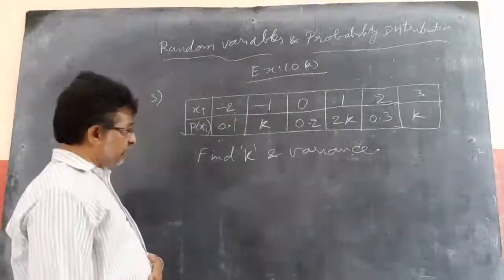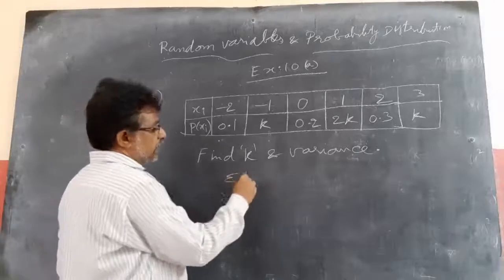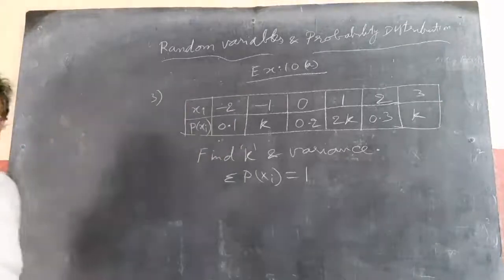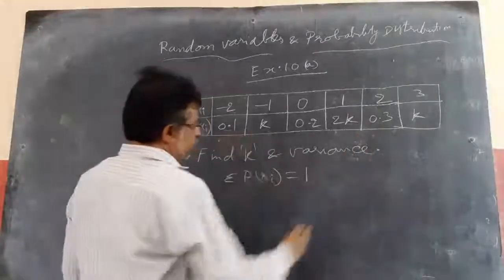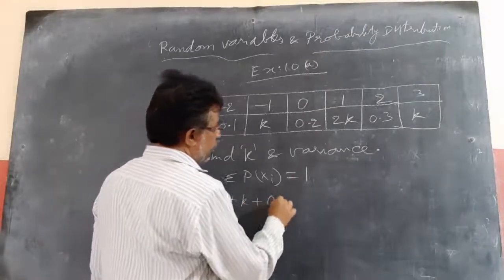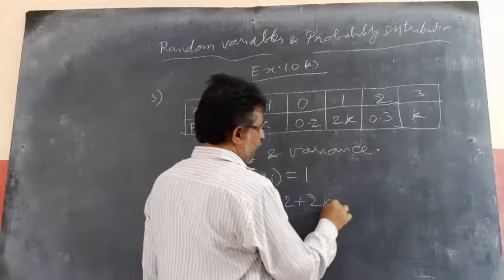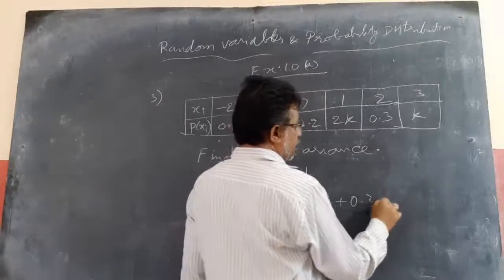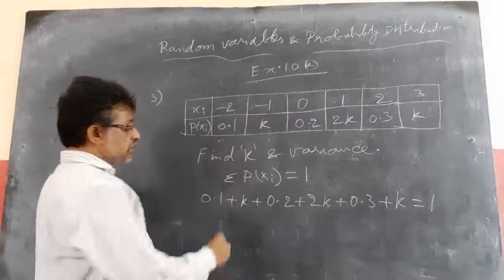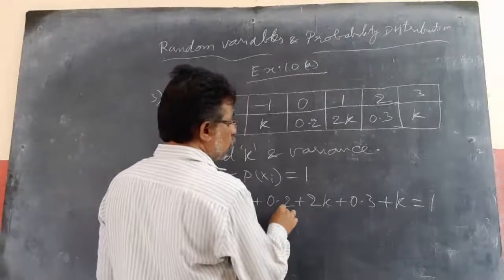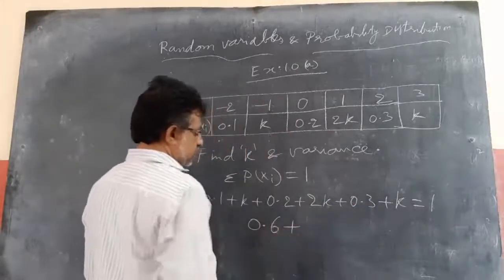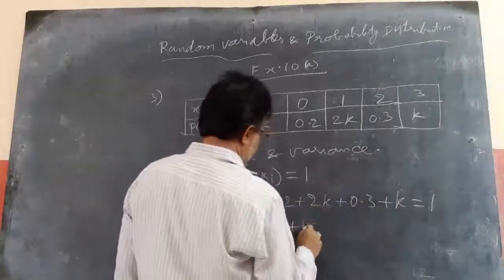So how to find K first of all? We know that sigma P of Xi is always 1. Means the sum of all these must be 1. So 0.1 plus K plus 0.2 plus 2K plus 0.3 plus K is 1. Adding 0.1, 0.2, 0.3 gives 0.6, plus K, 2K, 3K, 4K.